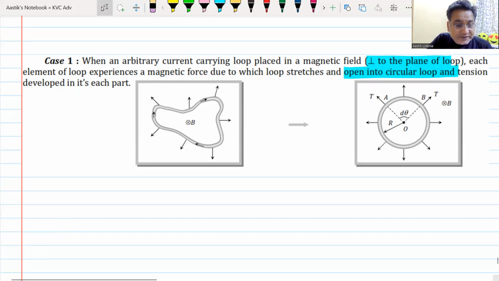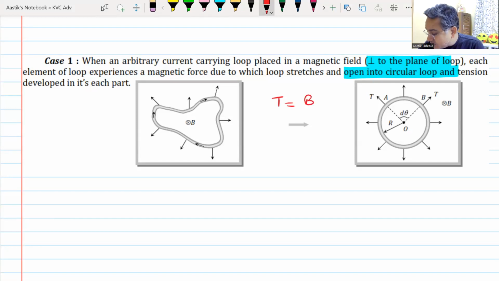Yes, sir. Remember this. And they are going to ask you what is the tension in the loop. The formula for tension in the loop will be BIL by 2 pi. What is B? What is I? What is L? What is 2 pi?